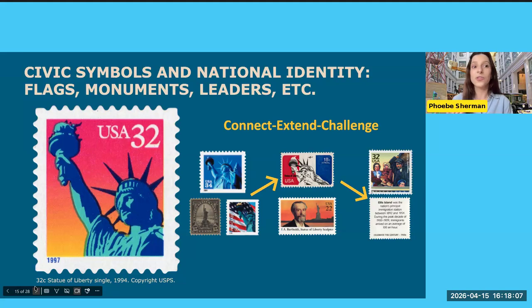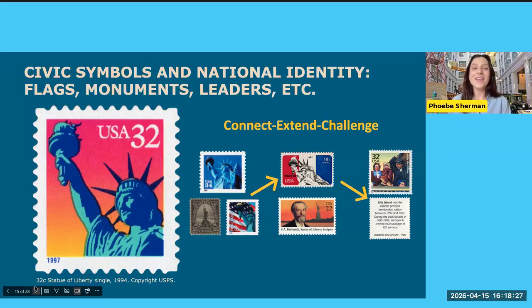Where might you push your students' thinking to extend? If you let your mind wander from topic to topic, what are some extensions that you could connect it to? I think when I was thinking about extensions, of course, I had to go back to stamps.